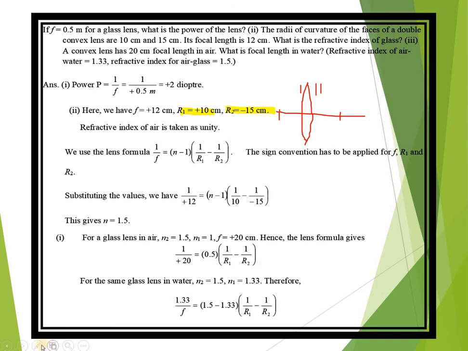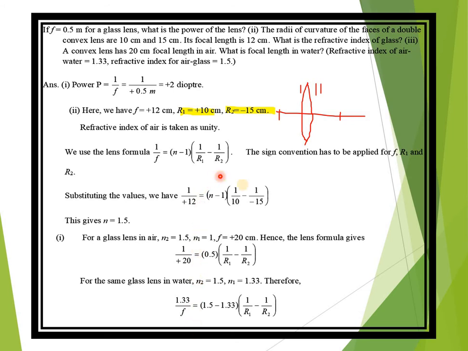Now the same glass lens is there in water. So when it is in water, we will take the refractive index of glass with respect to water. We'll apply the formula with the relative refractive index, and then on dividing we can solve and get the answer.